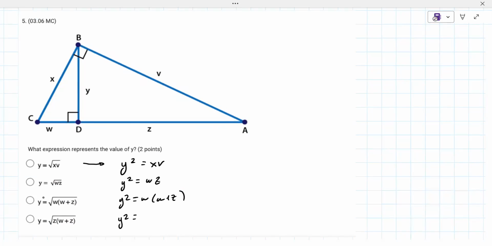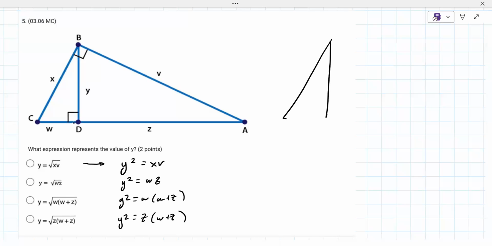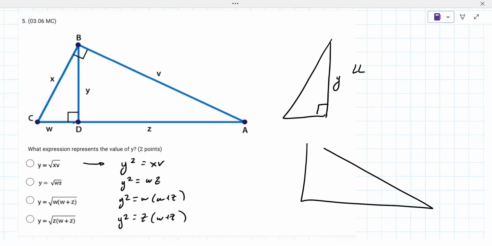Y squared equals z times w plus z. Why is that important? Well, y appears in two places. It's both the long leg of the small triangle, and it's also the short leg of the medium triangle.